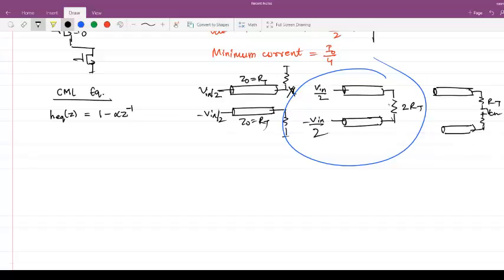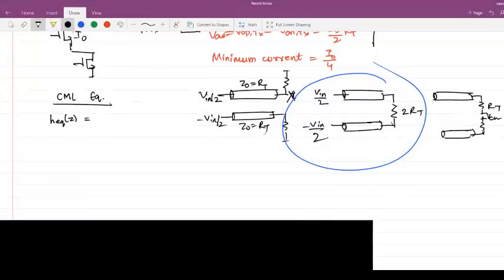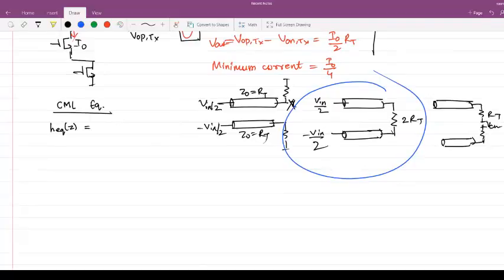Okay, let's not use 1 minus alpha, let me use alpha naught plus alpha 1 Z inverse. This is the equalization which I want to implement with the current mode output driver.